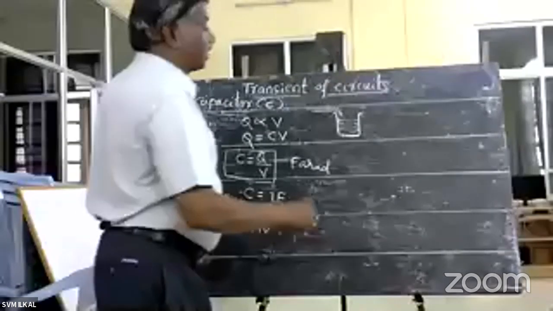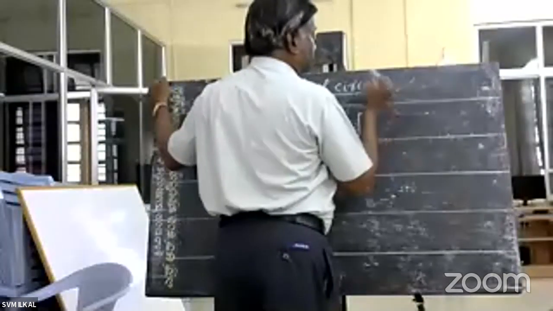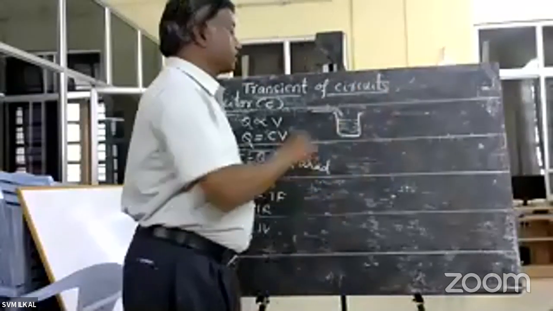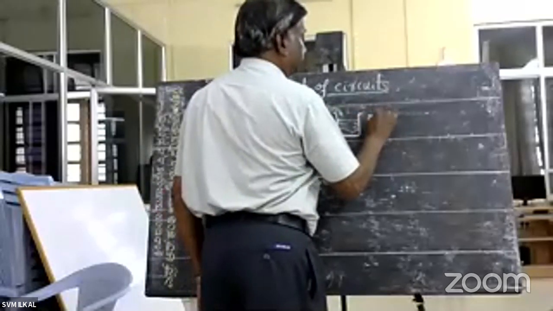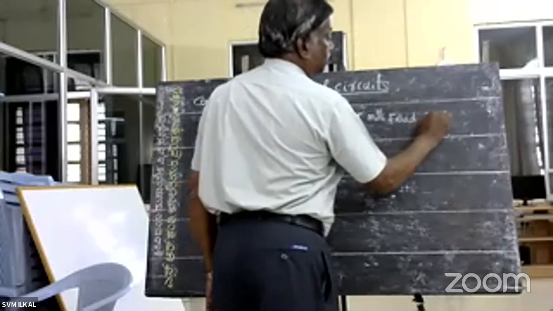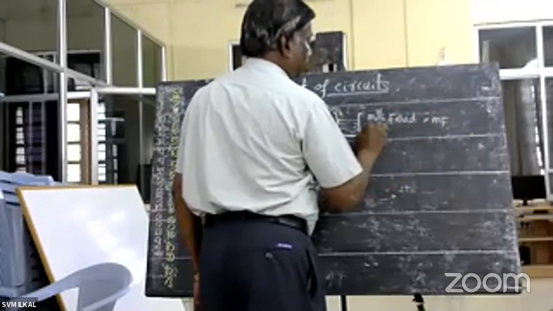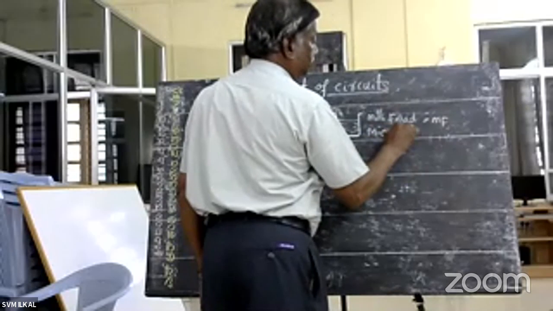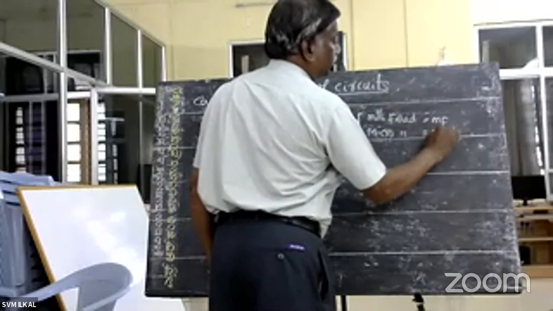Usually, farad is a large unit. That's why sometimes the capacity of the capacitor is measured in millifarad, that is mF, microfarad, μF.